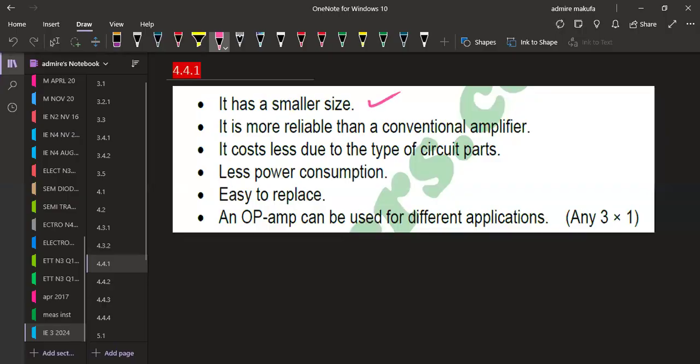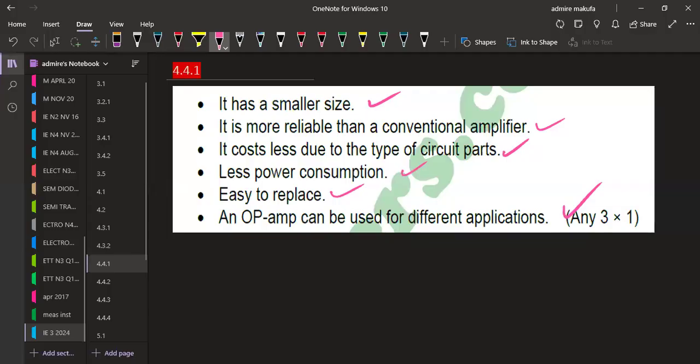It has a smaller size and is more reliable than a conventional amplifier. It costs less due to the types of circuit parts, has less power consumption, and is easy to replace. An op amp can be used for different applications. So that's just any 3 from what you are given there.